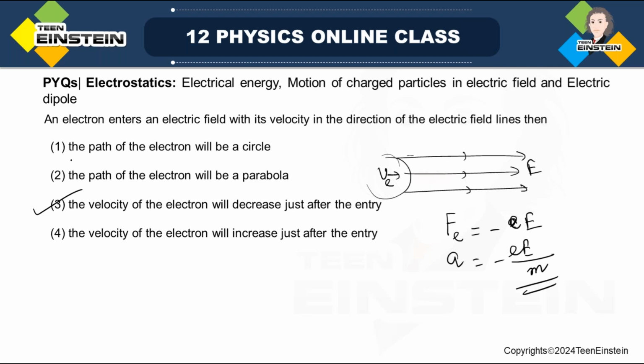Okay, so let us see the other options. The first is saying that the path of the electron will be a circle. Say in case of an electric field, when there is a uniform electric field this way, and a positive charge is moving this way, it will eventually move like this.